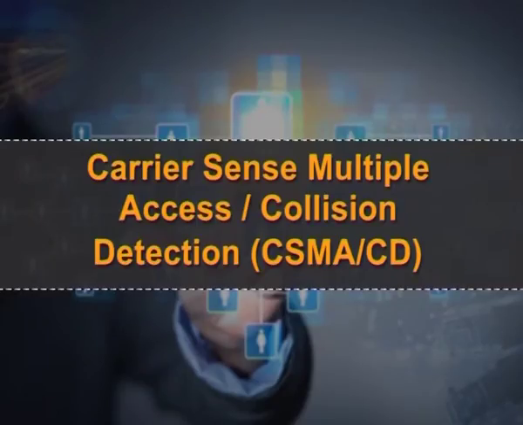Next technique is carrier sense multiple access with collision detection, that is CSMA-CD. Carrier sense multiple access with collision detection is a media access control method used mostly in LANs which are using early Ethernet technology.